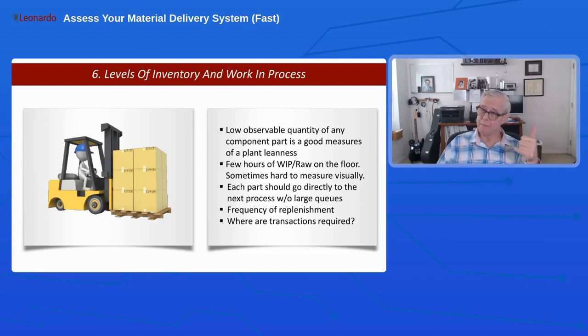So the rule of thumb for Toyota material handling is no more than a few hours of usage, even for the Kanban parts. Some things are delivered one at a time, right, for the next fork truck coming down the line, but limit it to a few hours of usage, even for nuts and bolts and washers and so on. What that does is it radically shrinks the amount of storage space you need for that operator. It makes it easier for them to get to the parts, right, to select them.